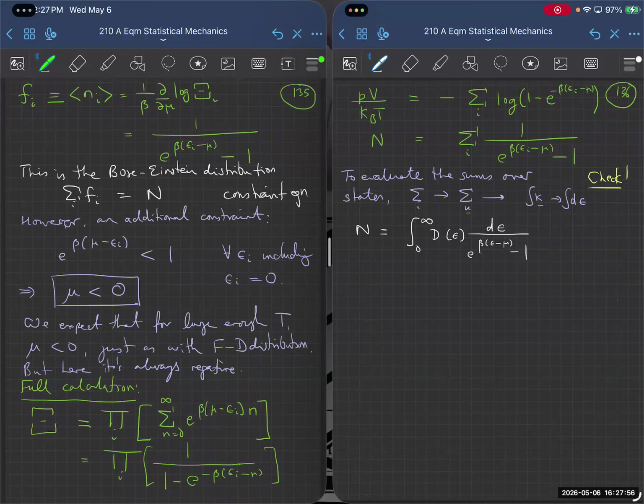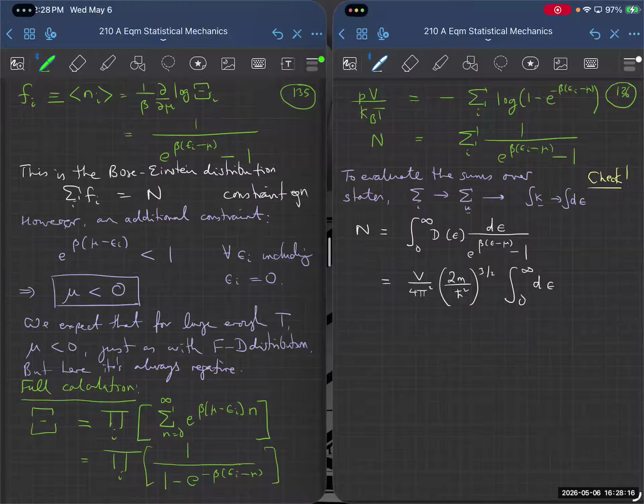So this turns out to be V over 4 pi squared, 2m over h bar squared to the 3 halves, times the integral from 0 to infinity. And remember that the density of states has the form epsilon to the 1 half.